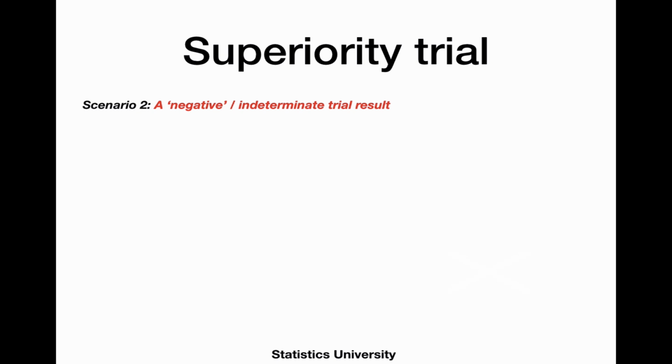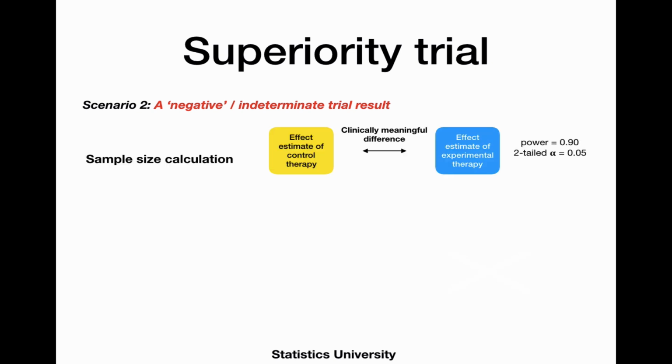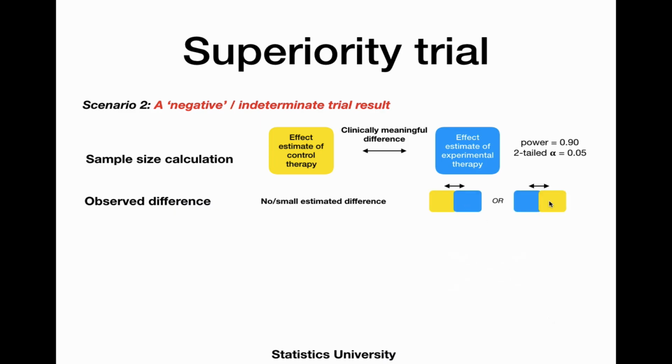Now, in a negative or indeterminate trial result, we start with the same sample size calculation, but now we only observe a small or even no difference. And this could go either way. And eventually we find a wide 95% confidence interval, which includes the measure of equality, and a relatively large p-value of the primary statistical test.